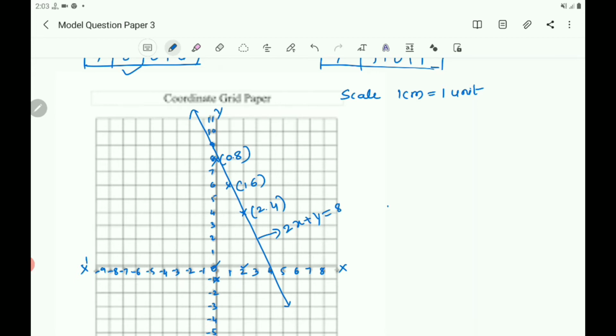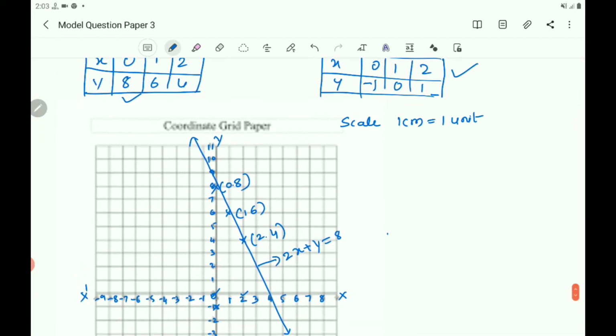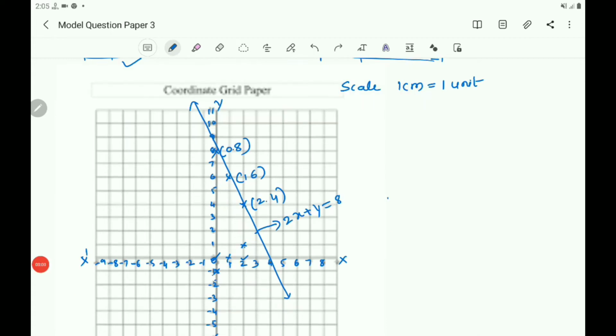This is 0, minus 1. 1, 0 means on the x-axis. And next 2, 1. Here it is 2, 1. And join all these points. Join these 3 points.